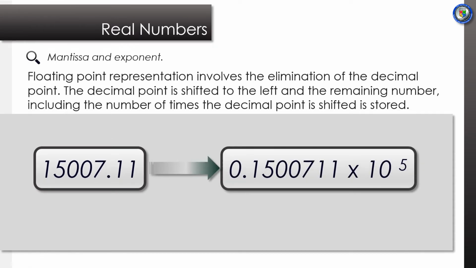In the floating point representation technique, the decimal point is always assumed to be at the start of the number, or before the most significant bit. In this case, we have moved the decimal point 5 places to the left to move it in front of the most significant bit.